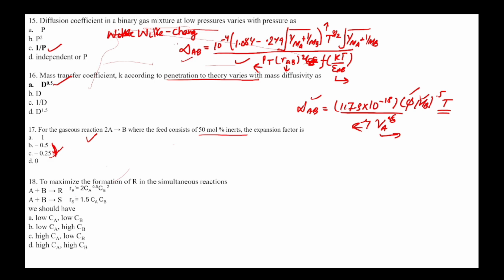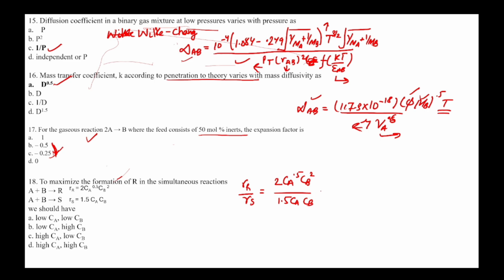Okay, to maximize the formation of R in the simultaneous reaction. Very first we will go for the R upon S. So 2 Ca 0.5 Cb square upon 1.5 Ca Cb.